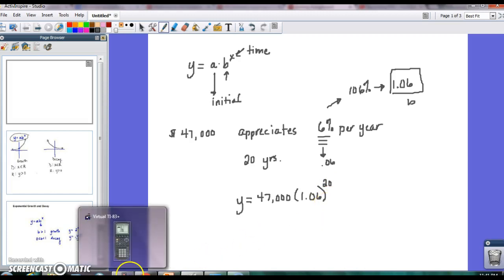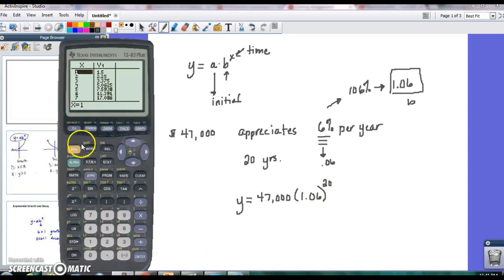And so if I go to my calculator and I just literally plug this in exactly as it's written, I've got 47,000 times, put parentheses, 1.06, close my parentheses, and raise that to the 20th power. I did this all in one step, okay?